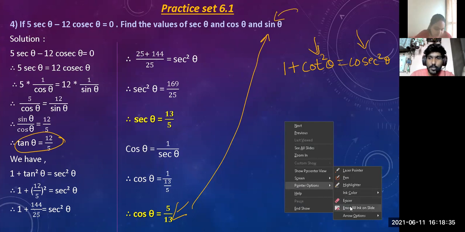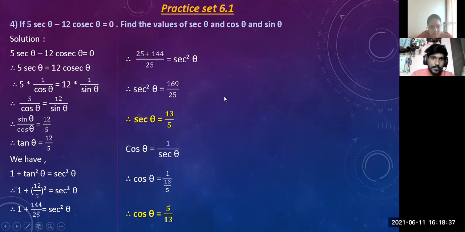Cos square theta plus sine square theta is equal to 1. Use it and tell me the answer. Be careful with the calculations, okay? So it will be sine square theta equals 1 minus 25 upon 169. Correct.